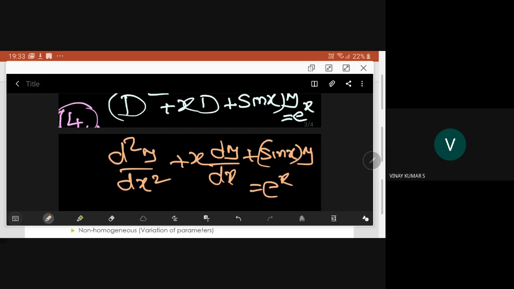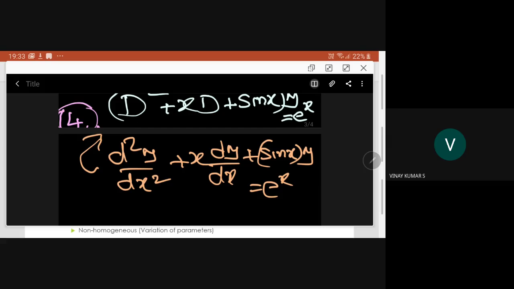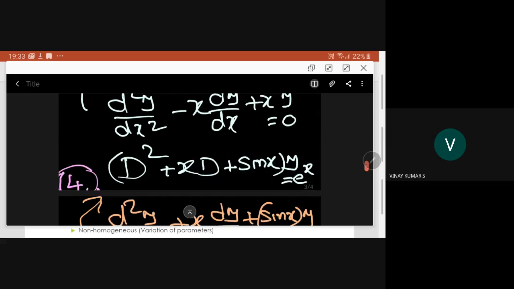So these are the four examples. Today we will discuss these. If we discuss these four examples, GATE topics in ODE will be completely covered.